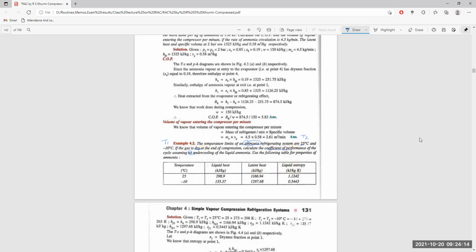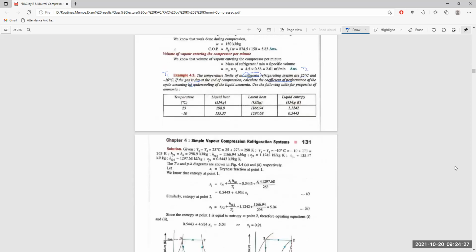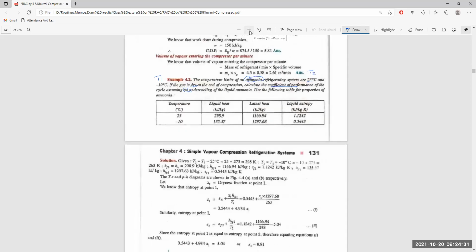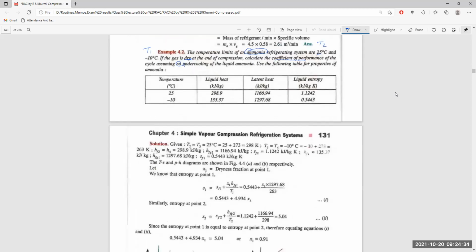Now, this is a typical problem, although simple, but here we have to find how we can do this type of problem. Here, what is given is T1.